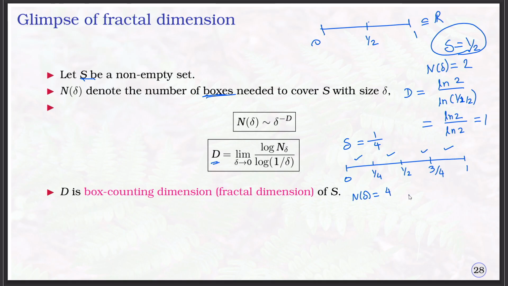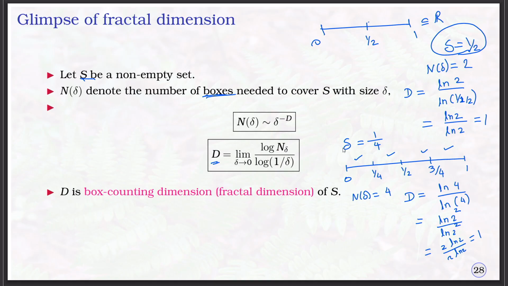Now, if you are finding the box counting dimension, it is ln of the number of boxes, 4 boxes, over ln of 1 over delta. So, 1 over delta, in this case 1 over 1 by 4, will get 4. So, which equals ln of 2 power 2 over ln of 2 power 2. So, one can get 2 ln 2 by 2 ln 2, which again is equal to 1.